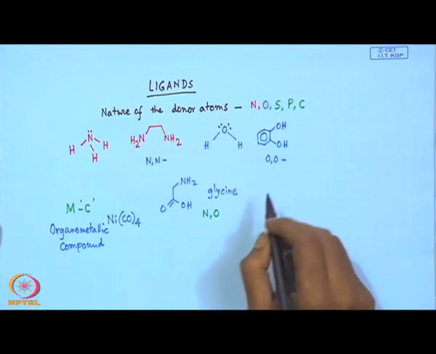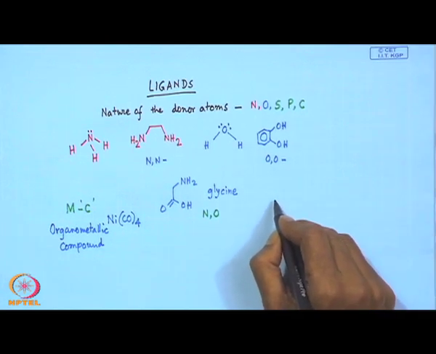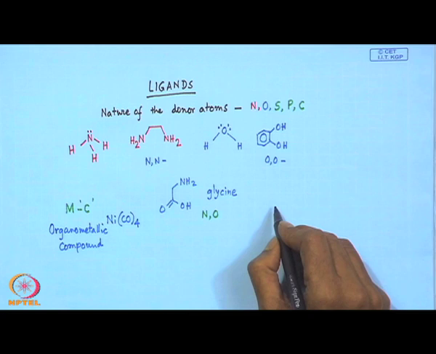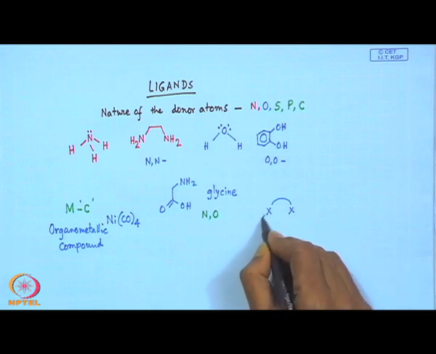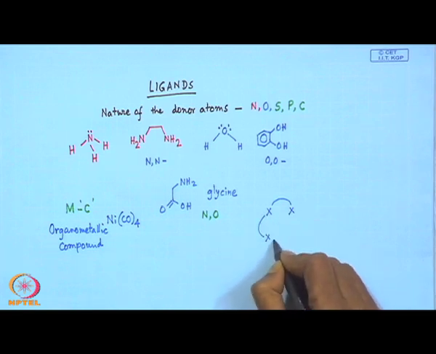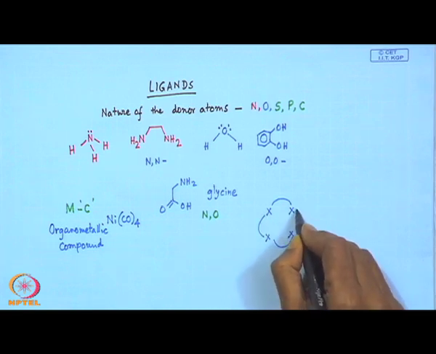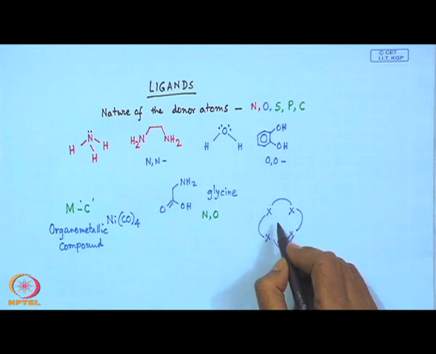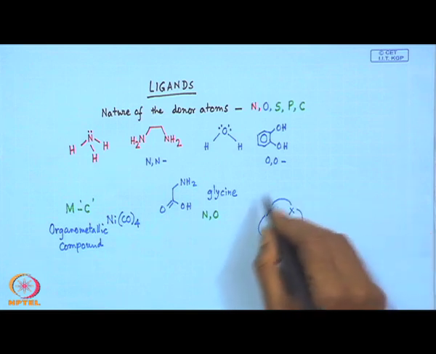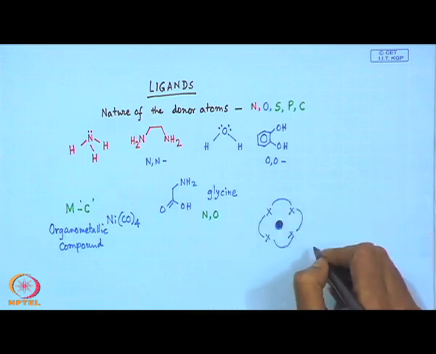So, all these ligands, when they are present in a typical backbone, and in some cases if X is the typical donor point, we can encircle all the 4 donor atoms like this, and put the metal center at the center, and we get a bigger cyclic ligand.